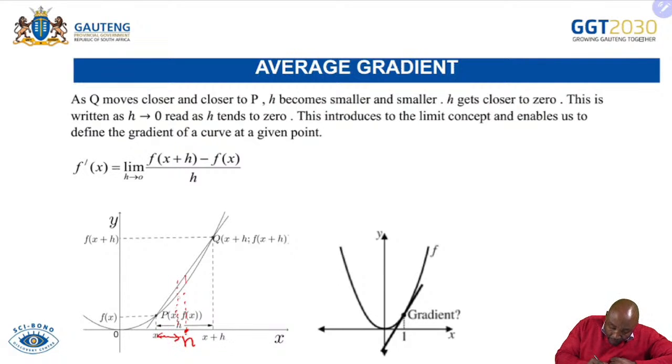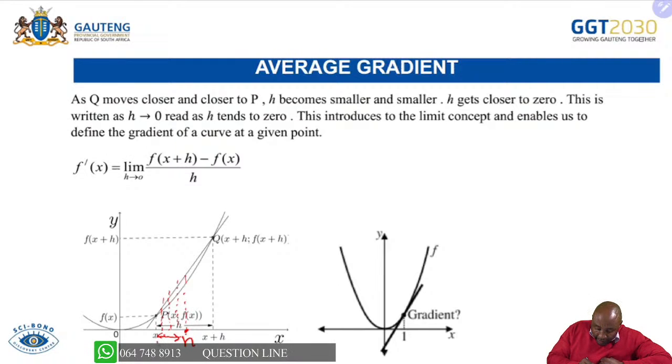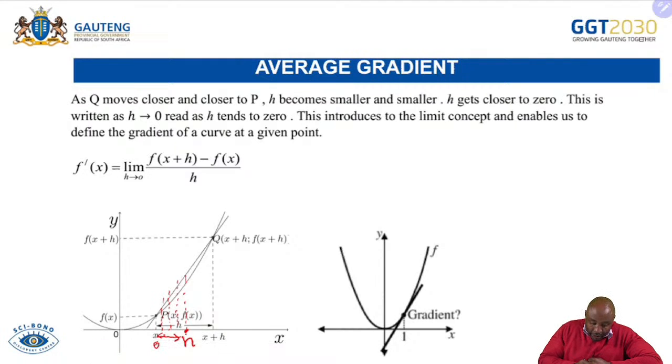And if we keep on reducing the value of h, we will end up having the distance h approaching 0. And we are going to introduce the concept of a limit there. We can reduce that distance, bringing it closer and closer to that point x. We will end up having the distance h approaching 0.